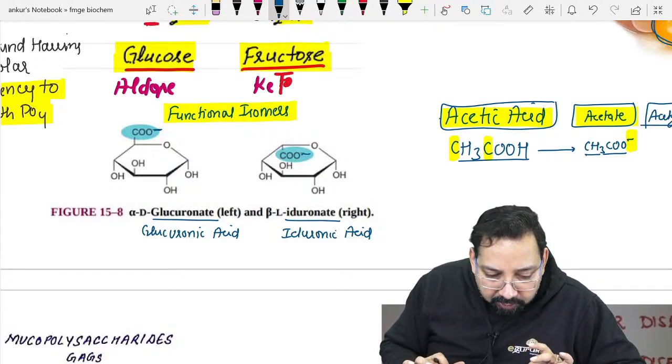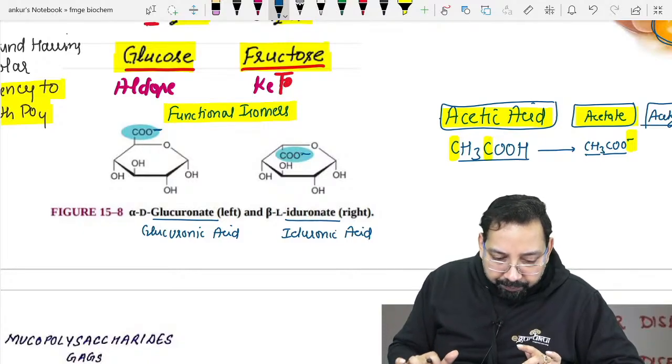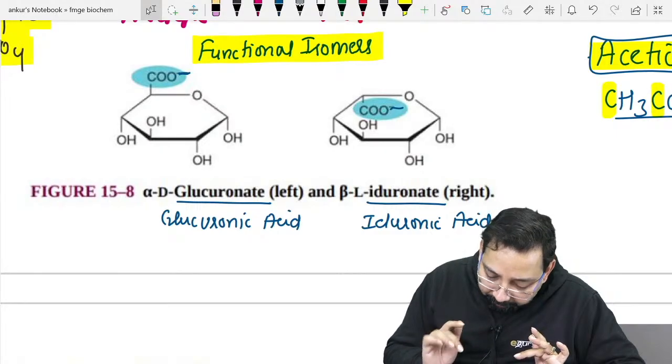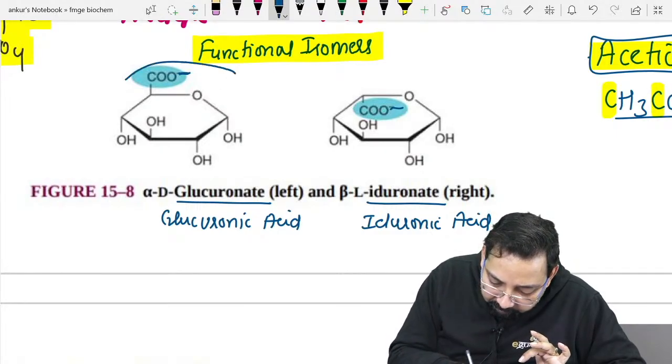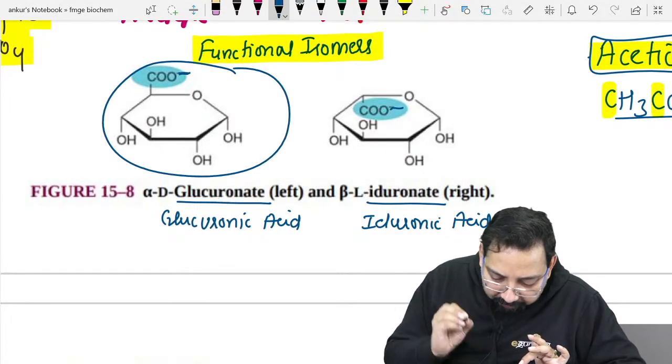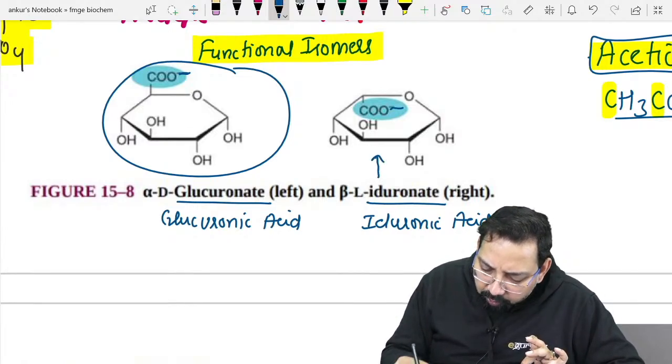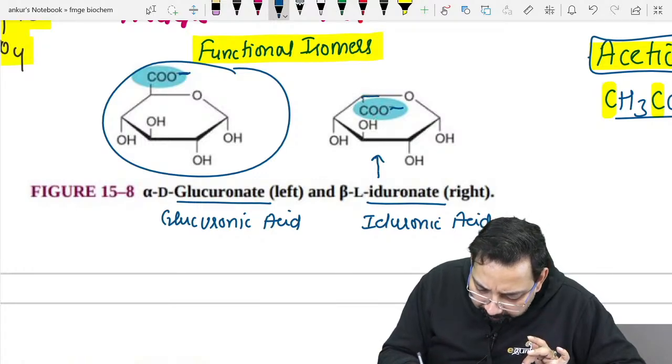Now they are asking questions on the structure. When they give this structure, this is glucuronic acid and this is iduronic acid. You can easily recognize by looking inside the ring.